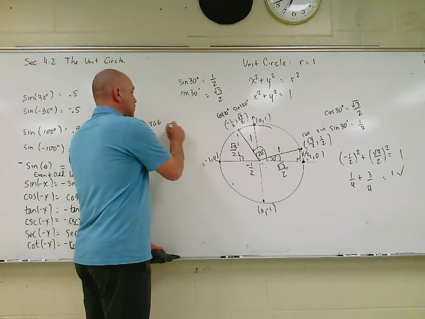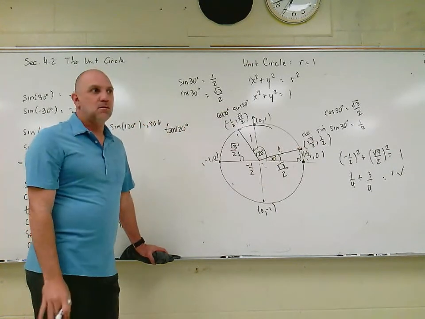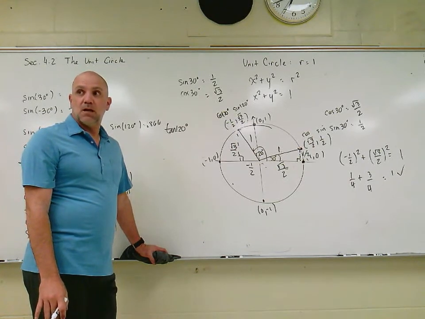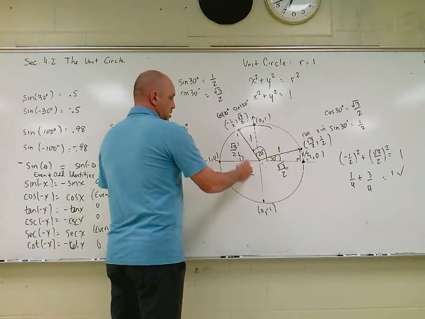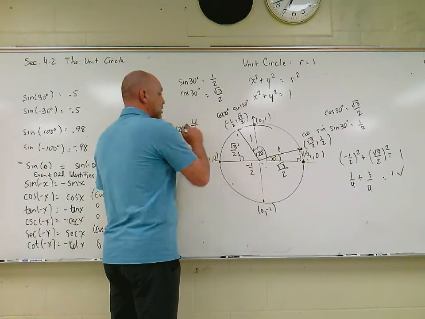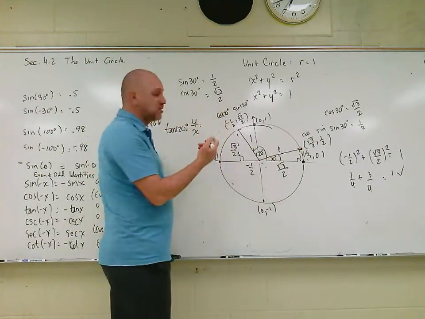What if we want tangent? How do I do tangent? Sine over cosine. That's how you do it. Yes, opposite and adjacent, but sine over cosine, or your y over your x. All the same. So now you're going to have to deal with fractions a little bit.